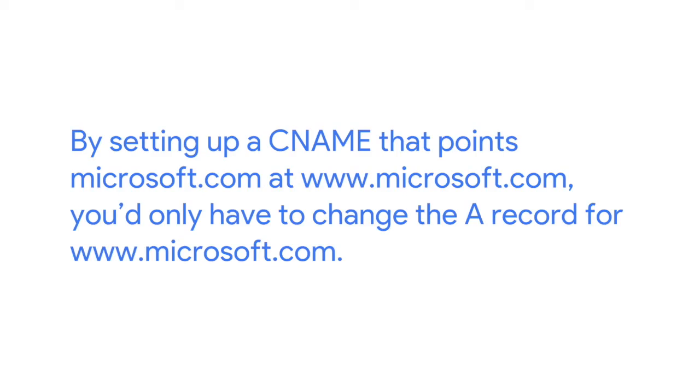By setting up a CNAME that points Microsoft.com at www.microsoft.com, you'd only have to change the A record for www.microsoft.com. And you'd know that clients pointing at either domain would get the new IP address. This might not seem like a huge deal with just two records to worry about, but large companies with complex presences on the web might have dozens of these kinds of redirections.